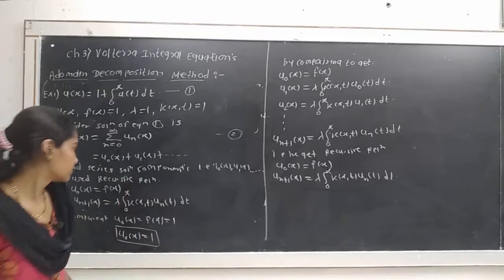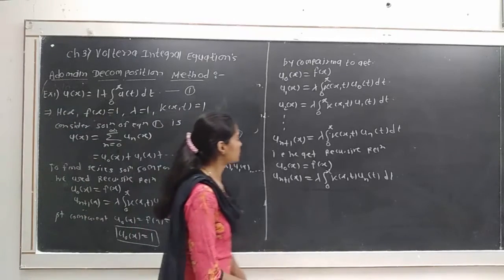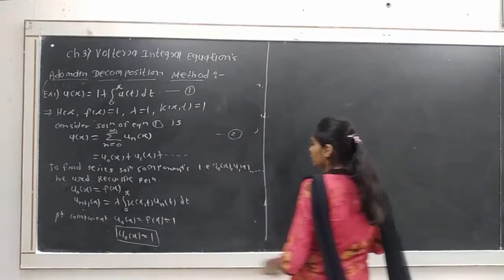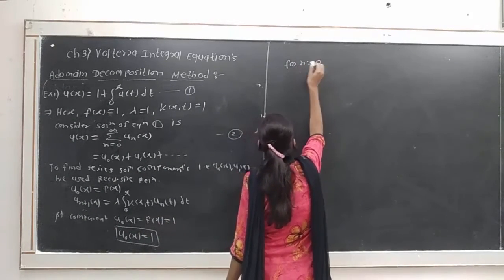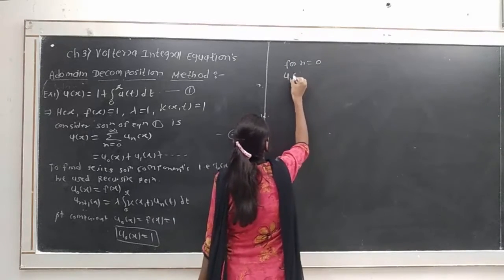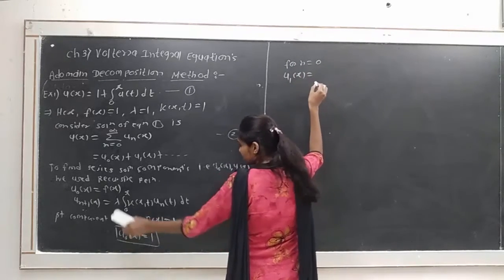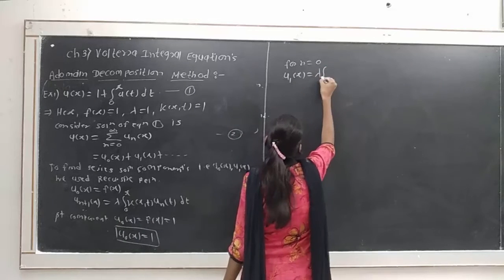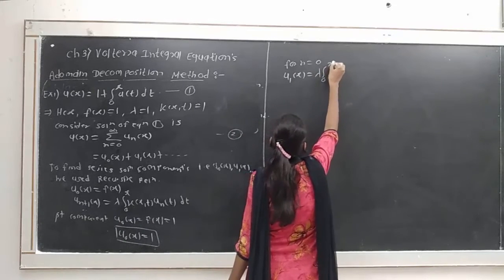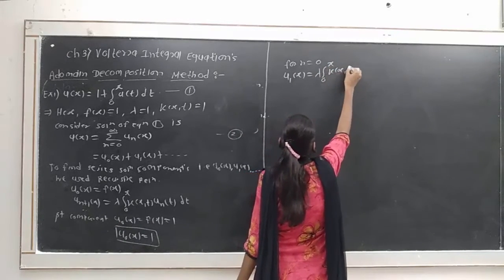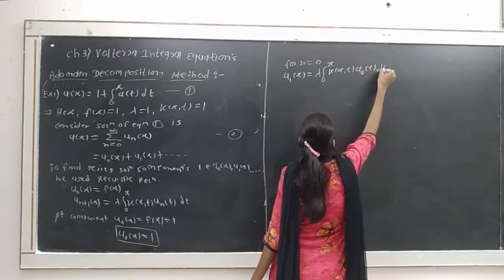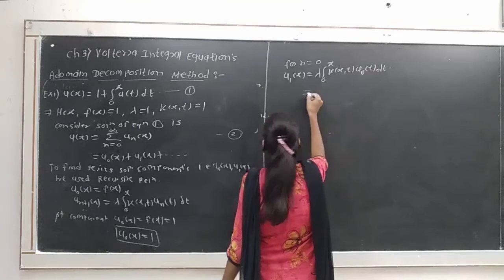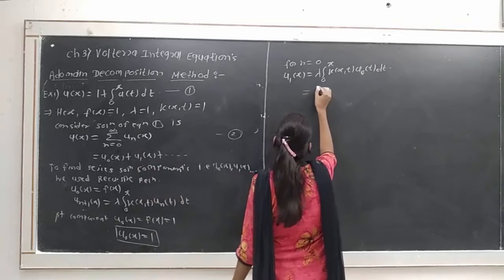Okay, then we find all the other components by putting values of n. So for n is equal to 0, we get the recursive relation u1 of x is equal to lambda integration from 0 to x k of x t into u0 of t dt. Okay, so we put in the values. Lambda for this equation will be 1.